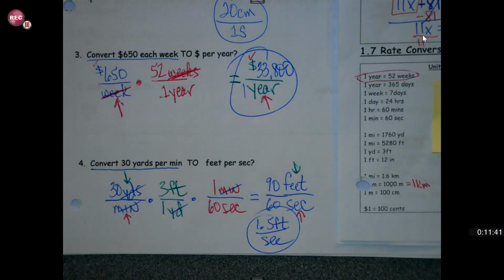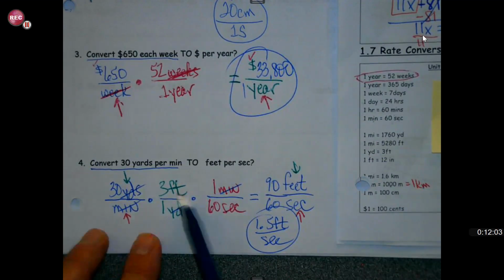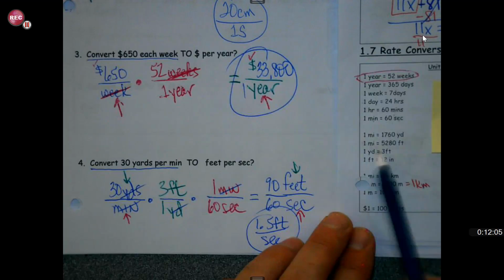All right. I'll give a couple more seconds here, and then we will unfreeze and see if we all got the same thing, hopefully. All right, let's give it a run here. So here, yards, if I want to cancel yards and get to feet, there's my yards and feet.